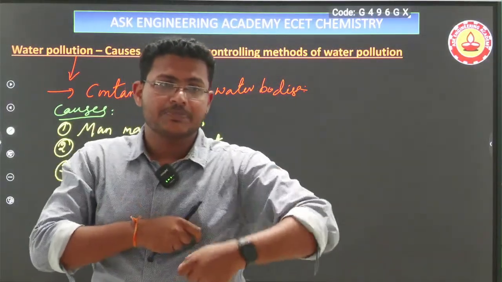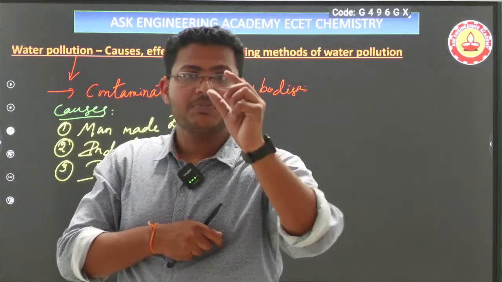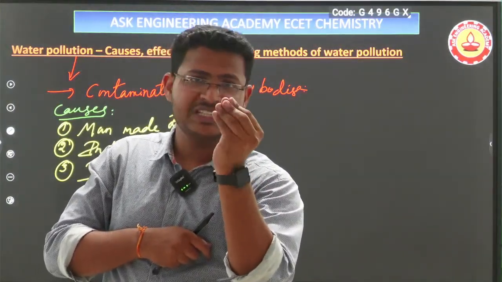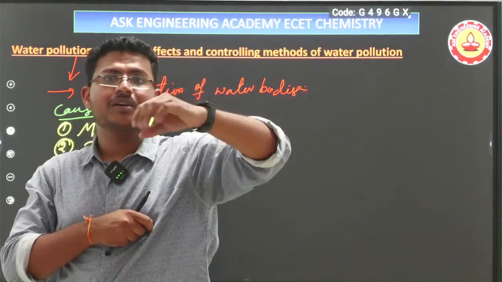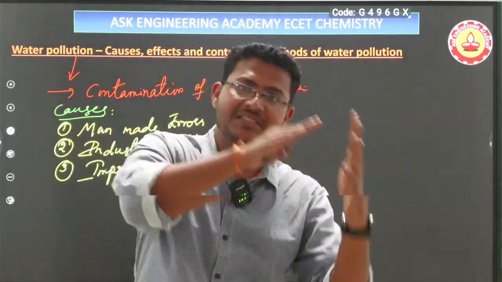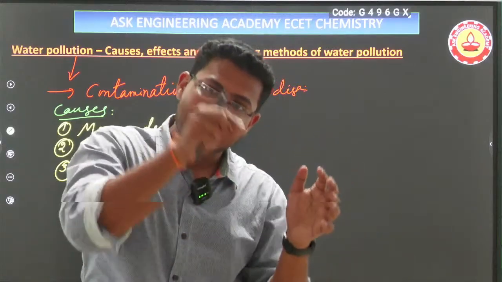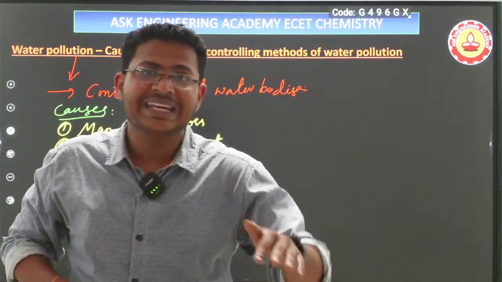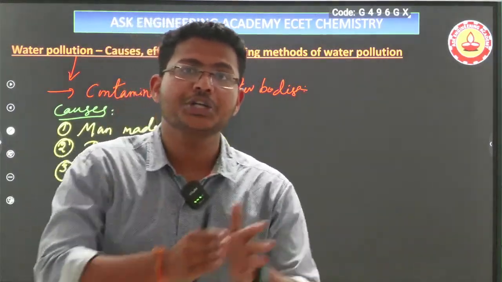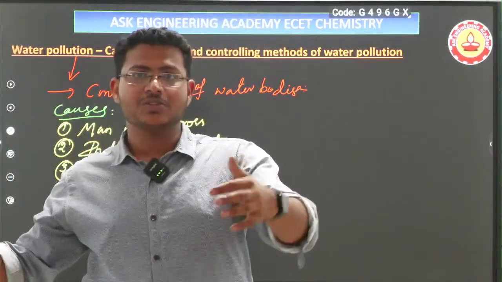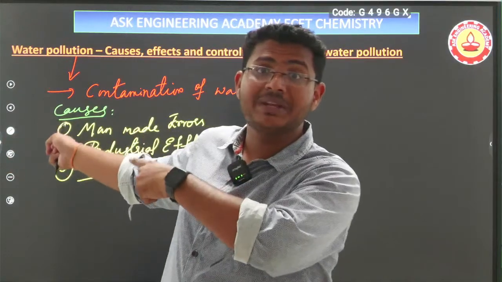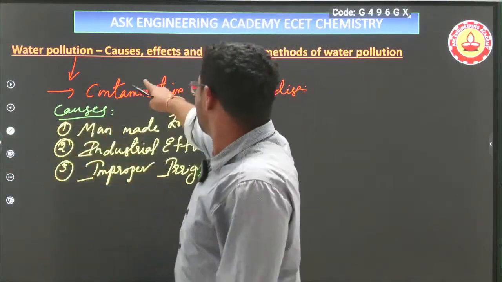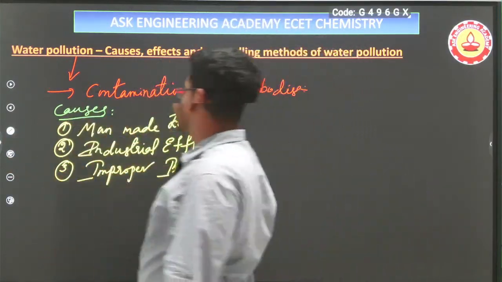Manam spray chesukunnappudu, some organic materials within that chemical fertilizers remain as they are in the soil. When we irrigate the land with water, they enter into lakes and lands, so that water gets polluted. So agricultural practices and improper irrigation systems are also one of the very important reasons for water pollution.